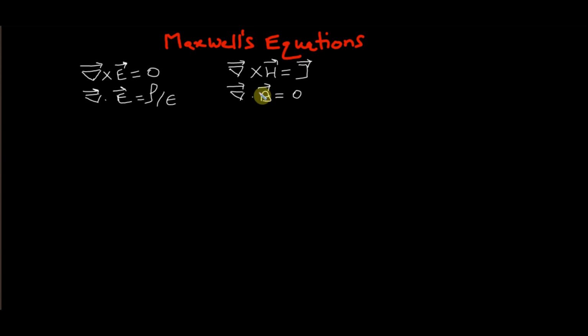So these are the basic equations for the static case. These two are for the electrostatic, and these two are for the magnetostatics. For more detail on these equations, you can see my previous videos. We are going to start with these equations.